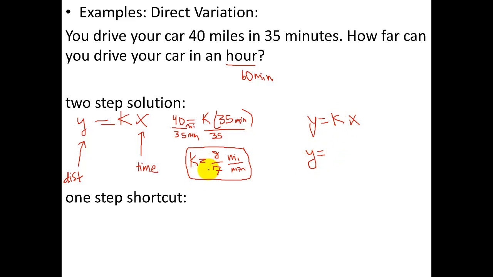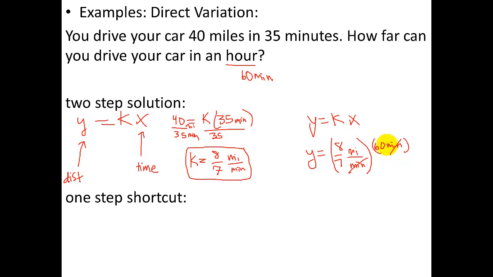K I found out before as 8/7 miles per minute multiplied by x, which is 60 minutes. Okay, minutes will cancel with minutes, and I have 8/7 times 60, and if you grab a calculator, which I don't seem to have, oh, here's one.